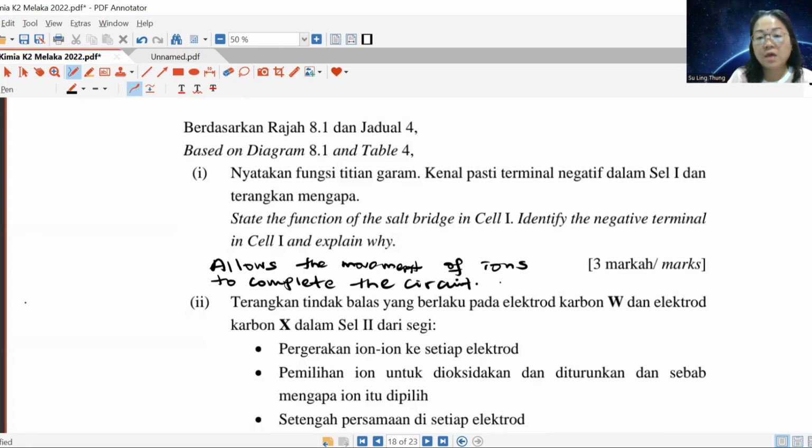Okay, next, you are to identify the negative terminal in cell 1, which is obviously zinc. So the negative terminal will be zinc. And why does this happen?